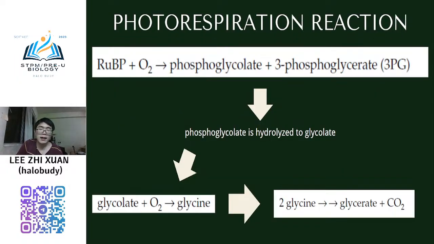So what is the effect? When RuBP is fixed with oxygen rather than carbon dioxide, it will produce two molecules: one is phosphoglycolate and the other is 3-phosphoglycerate.